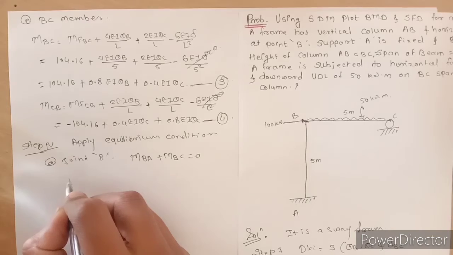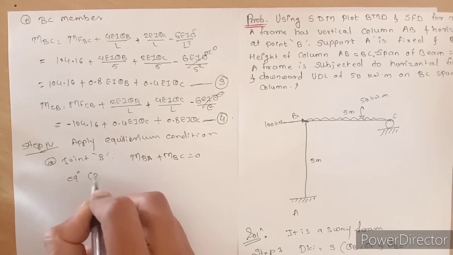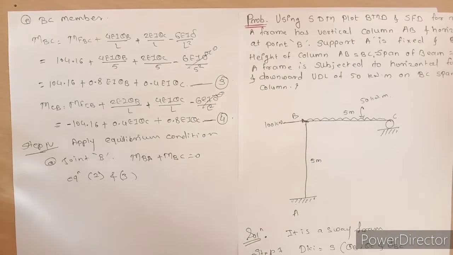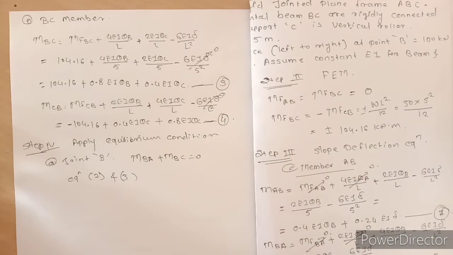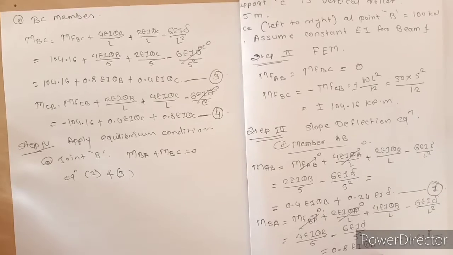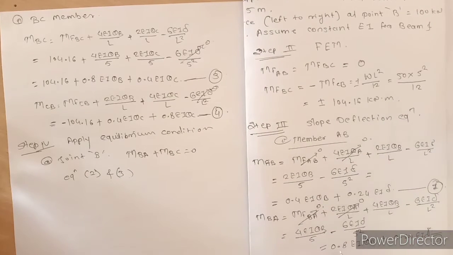That is equation number second and third. The second equation is 0.8 EI theta B plus 0.24 EI delta.